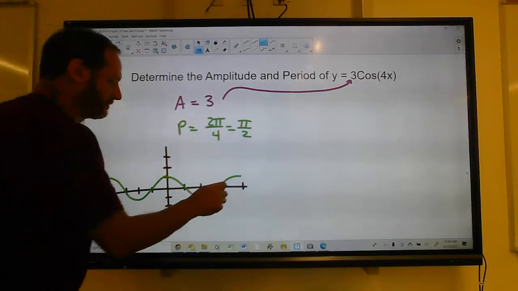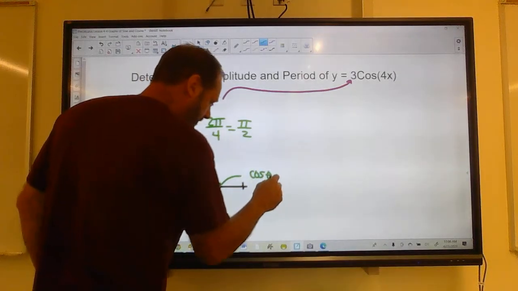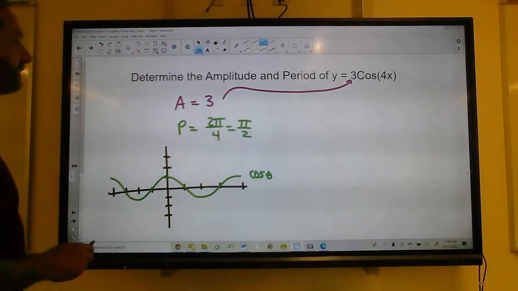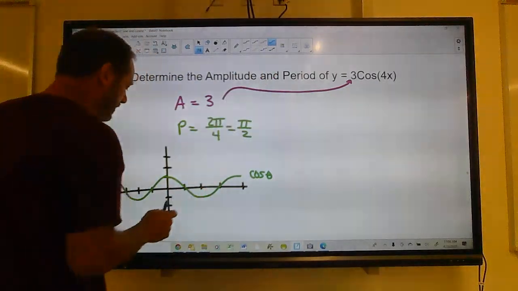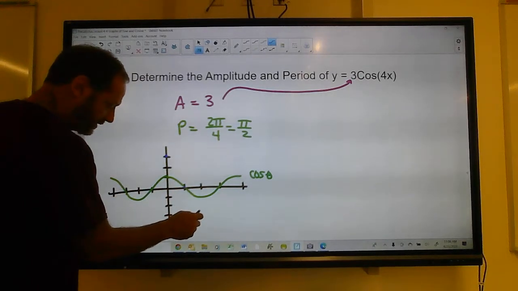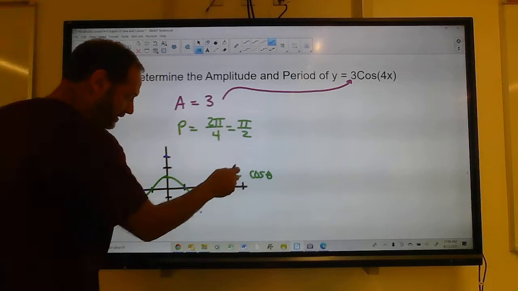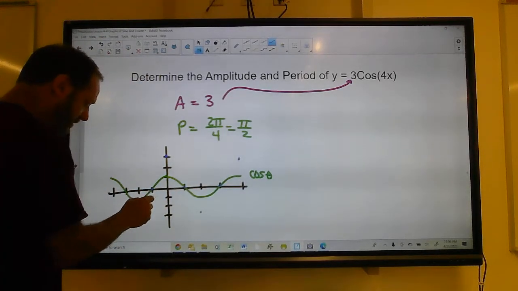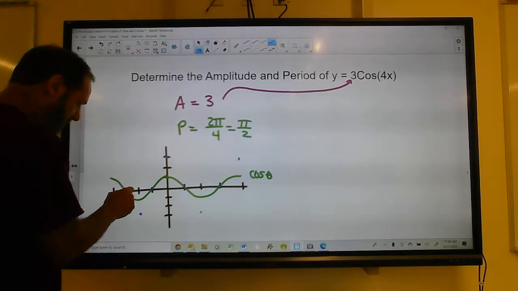Okay, there's my cosine. Now, 3 cosine, I'm going to do that next. 3 cosine is just going to go here, here. This is going to go to -3, 0, +3, 0, -3, 0, +3.